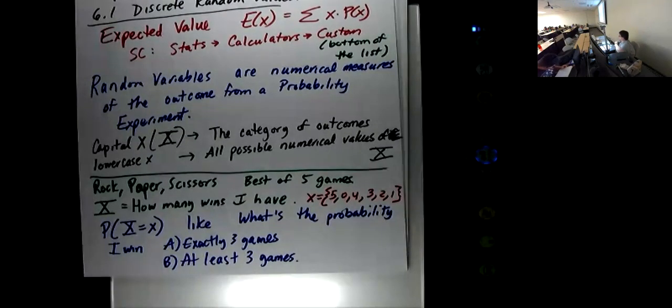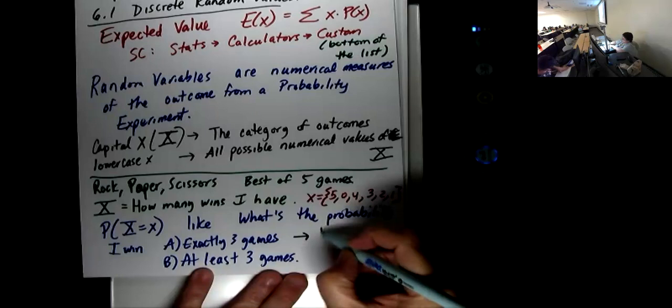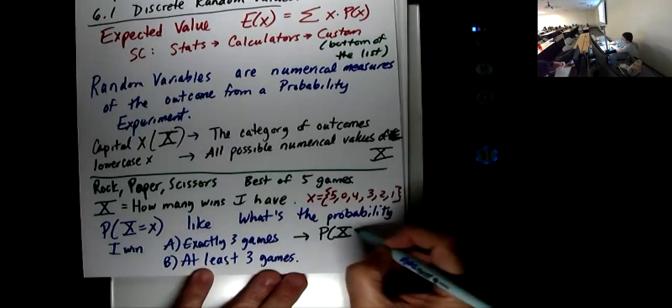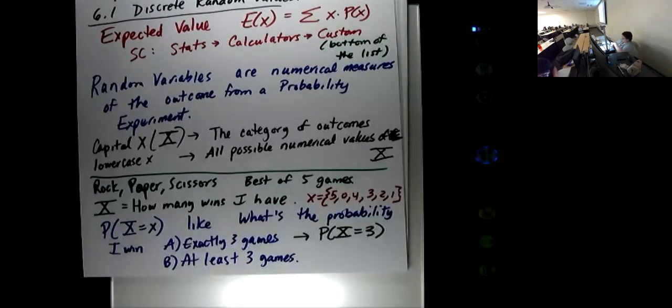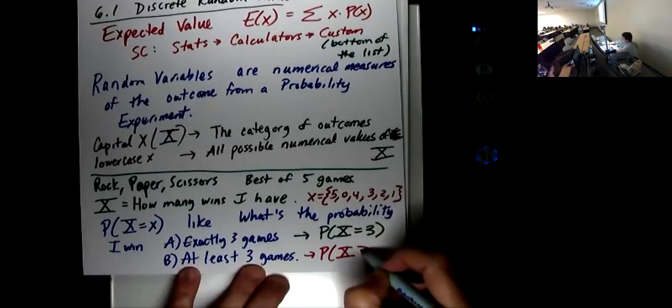Exactly 3 games is usually, if you were to play in real life, the good stuff. It usually means each got 2 on the first 2 games. You're in like the end of the World Series. We're not going to calculate this right now, but I'm showing how the notation is set up. So this would be the probability that big X equals 3. And this would be the probability that big X is greater than or equal to 3.